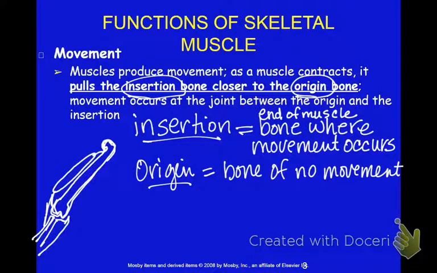The ulna comes around like that, right? Okay, and this is the bicep muscle. The bicep muscle has two heads. It attaches on one end to the humerus, right? This is the humerus.